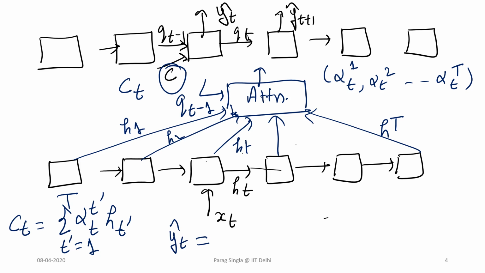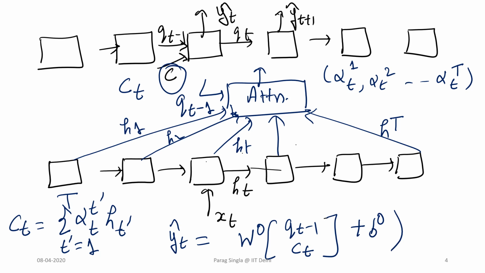So we will have a W output, and this now will be given not only q t minus 1, but also c t, which is the context at time t, in some sense a weighted combination of these h t primes, plus b o, and then as before, this is passed through the activation to produce the final output y t hat.